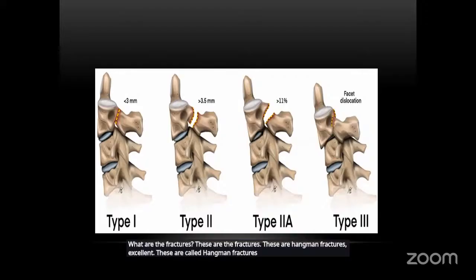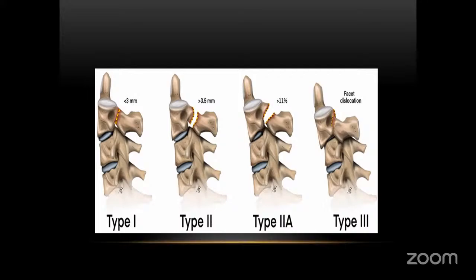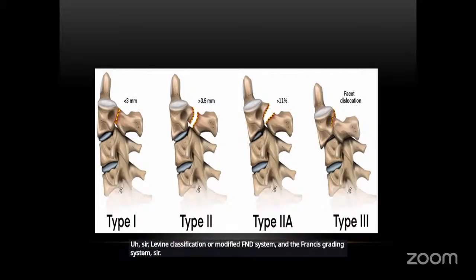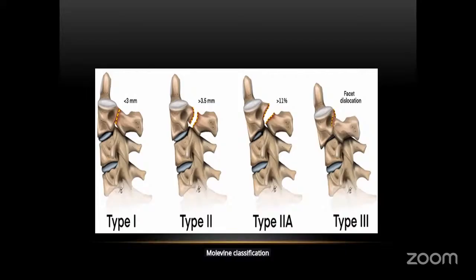So what is the classification of hangman fractures? Assalamu alaikum, sir. Walaikum salam, Dr. Mustafa. How are you? Alhamdulillah, sir. Sir, Levine classification or modified Effendi system and the Francis grading system. Levine classification and Francis grading system.